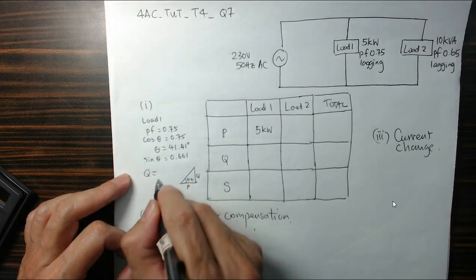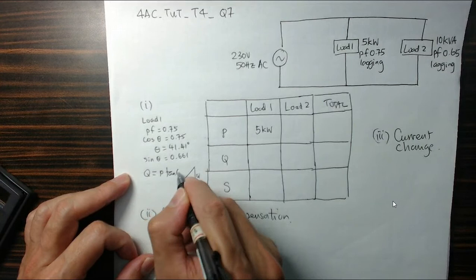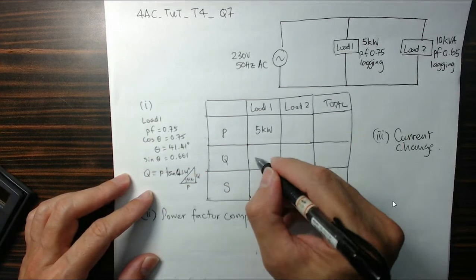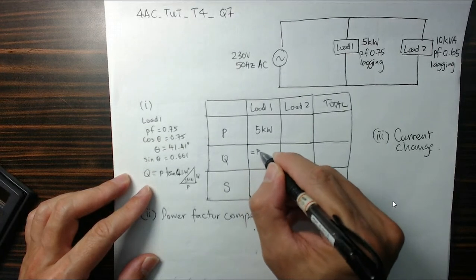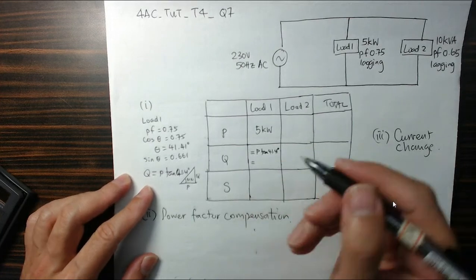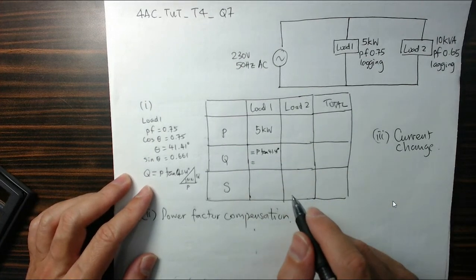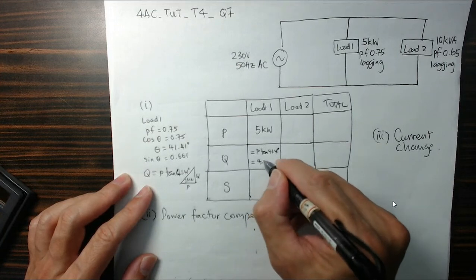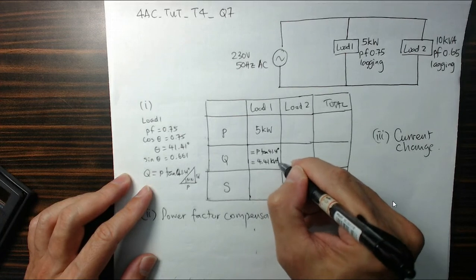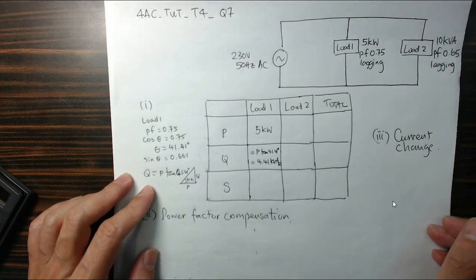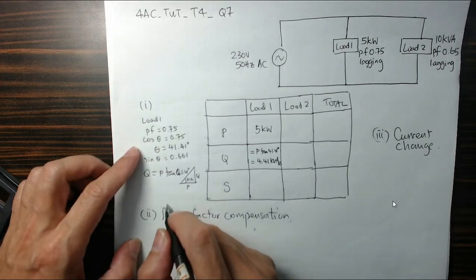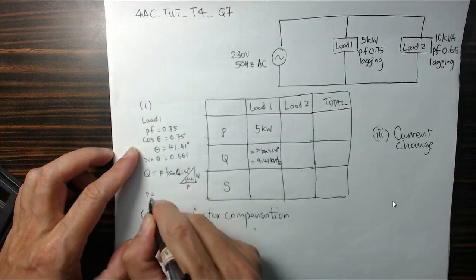Q will be just P tangent 41.41 degrees. That gives me 4.41 kVAR reactive.